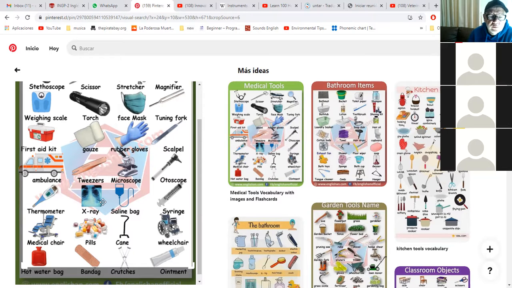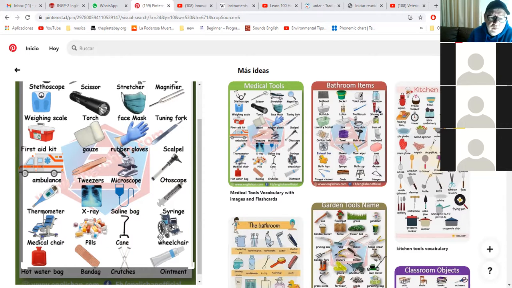X-ray. An X-ray machine. Saline bag. Syringe. Medical chair. Pills.